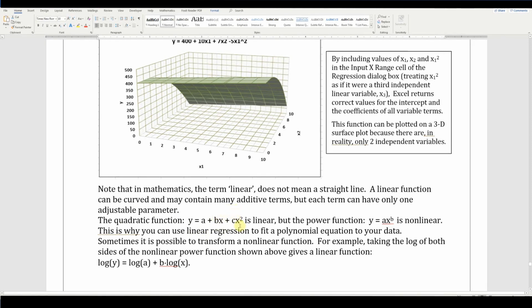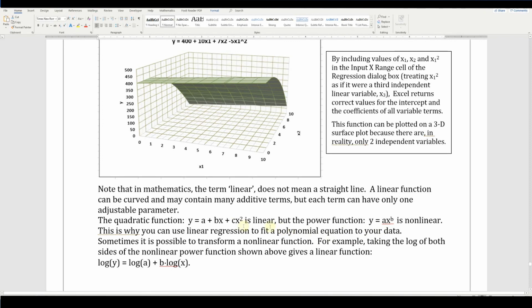Likewise, this term x squared only has one adjustable parameter. Therefore, it's defined as being linear. But look at the power function, y is equal to a times x to the b. This is not linear because the term x has two adjustable parameters, the a and the index b. And so, because a quadratic is actually linear, that's the reason we can use linear regression to find the polynomial equation that fits the data.